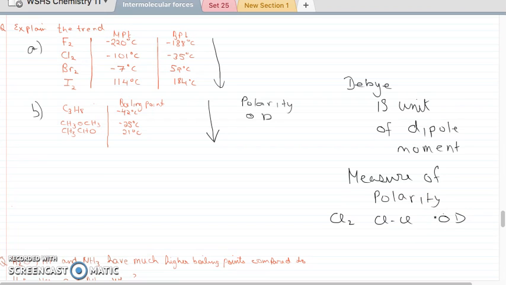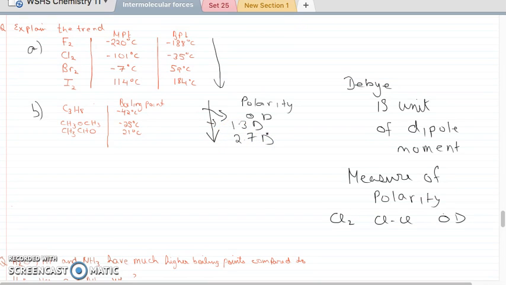If anything has a positive dipole moment, that would mean that it is polar. So in this case, C3H8 has a 0 dipole moment, CH3COCH3 has a 1.3 dipole moment, that means it's polar, and then finally ethanol has a dipole moment of 2.7 D.